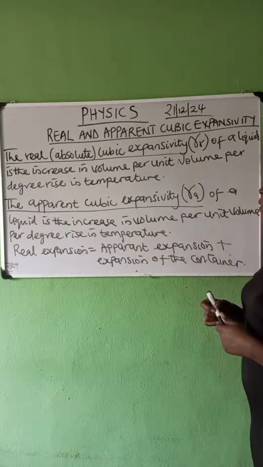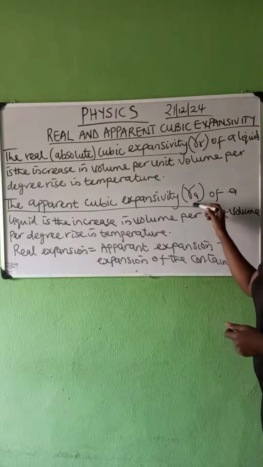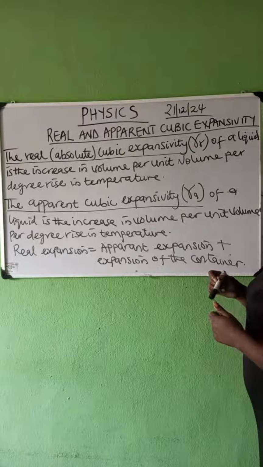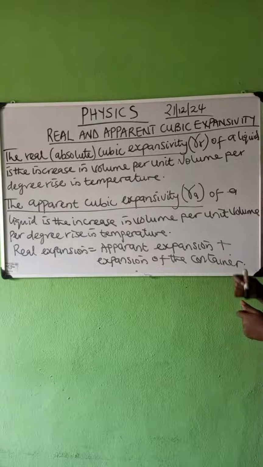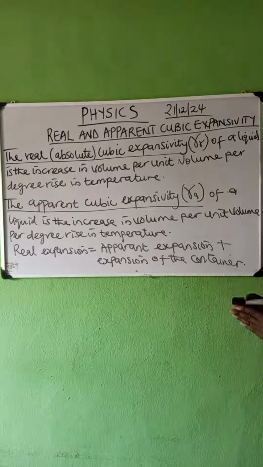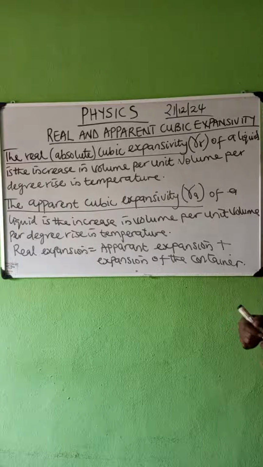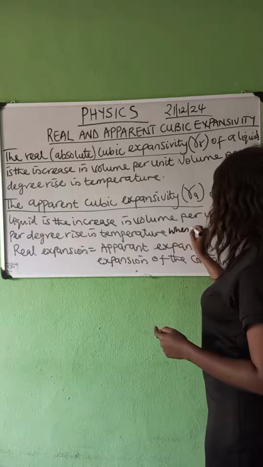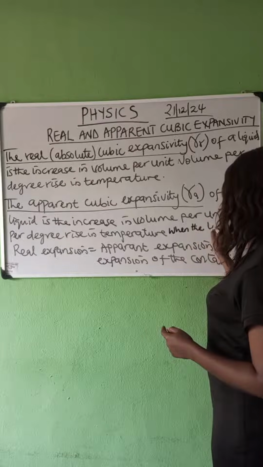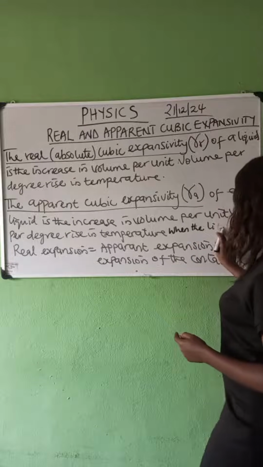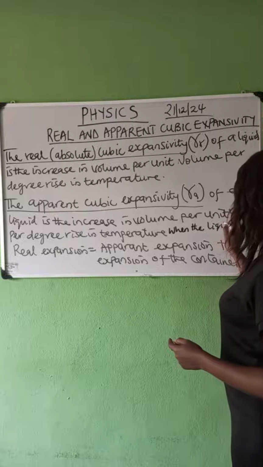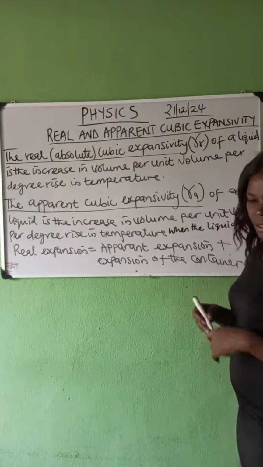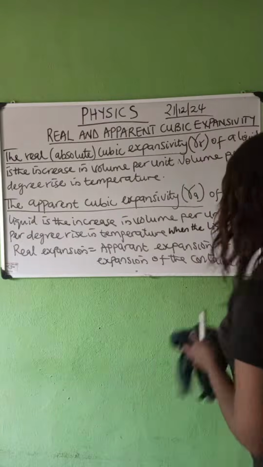Now let's go to apparent cubic expansivity. The symbol is gamma A. It is the increase in volume per unit volume per degree rise in temperature. This definition is not complete. Sorry, I have to clean and write again.